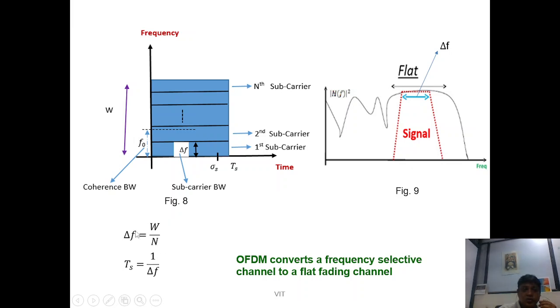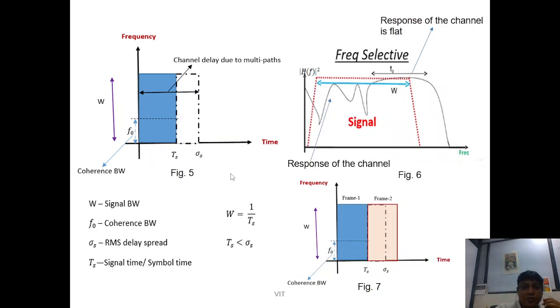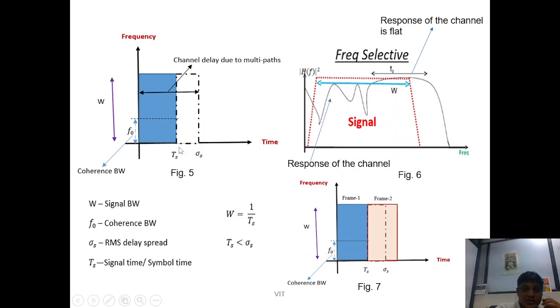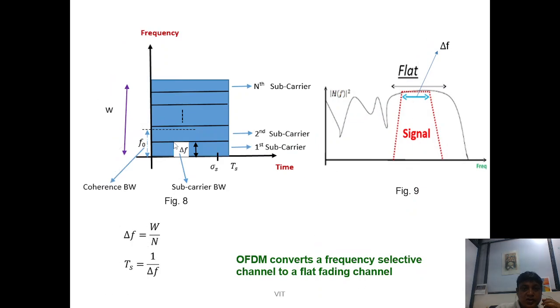Initially the total bandwidth is W, and TS is equal to 1 by W. Since the bandwidth is reduced, the time will increase, so it may become greater than sigma tau.